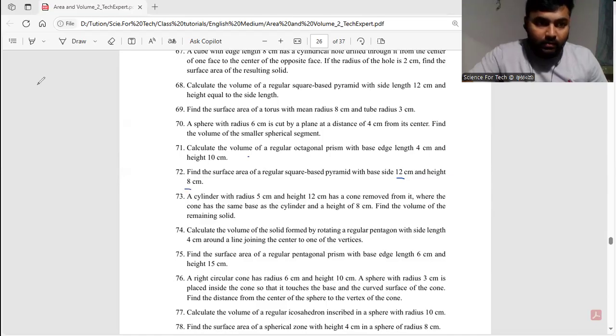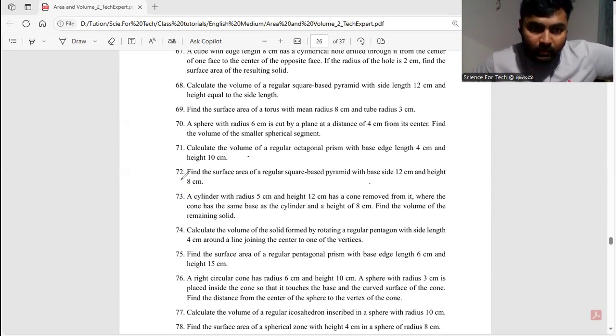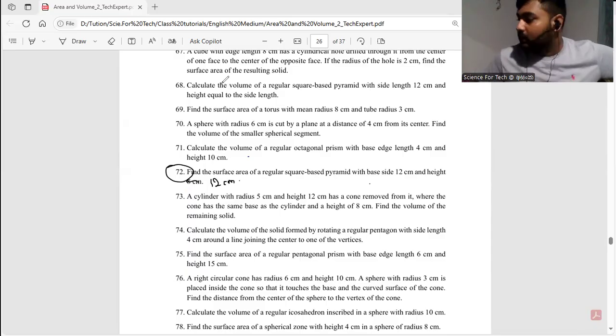But let's do this one. Actually, this is a typing mistake. I will correct this as height also 12. Then you can do. Take this as 12 centimeter.